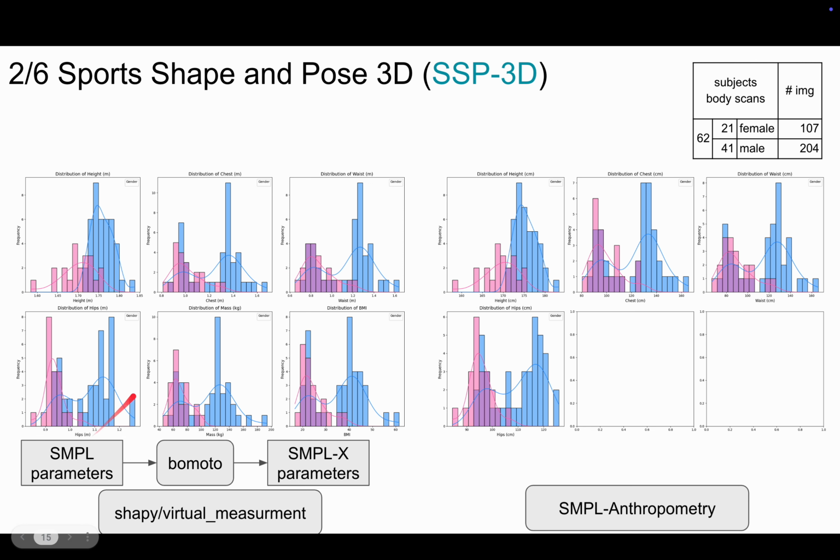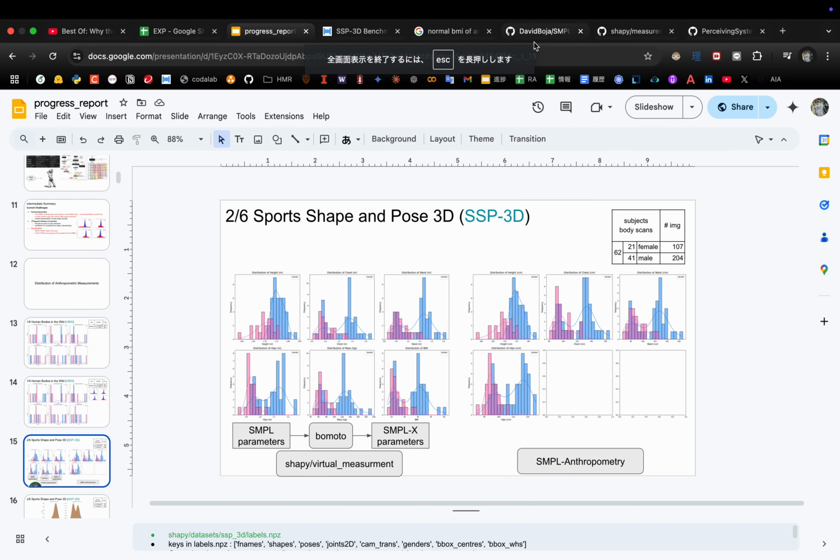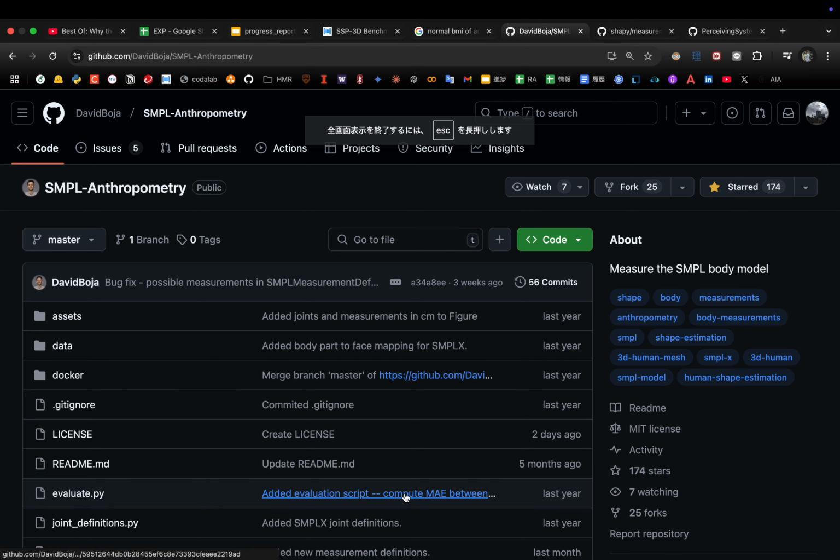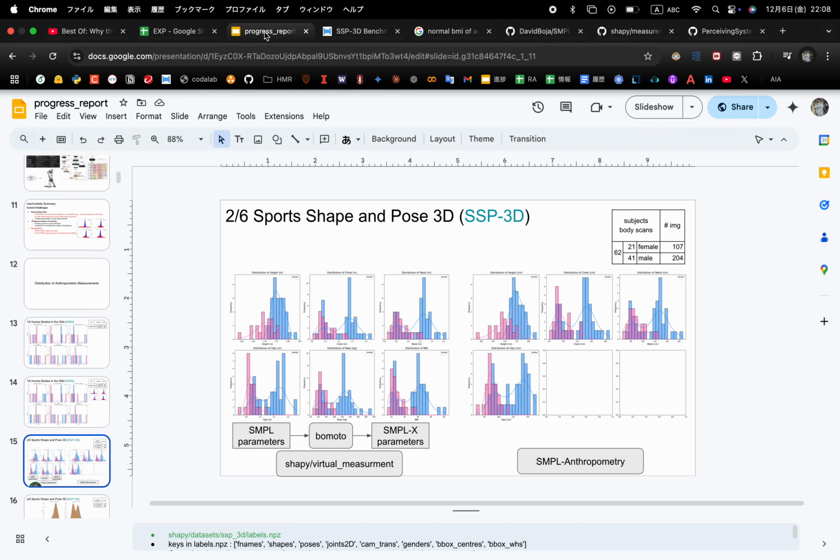On the left is the body measurement from the Shapley virtual measurement, and on the right is the one from a third-party self-developed measurement.